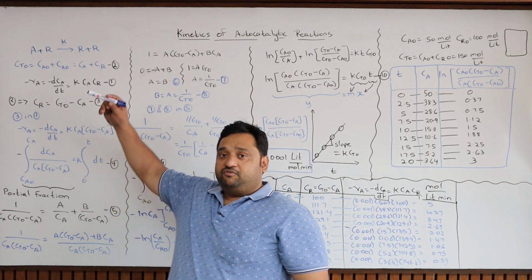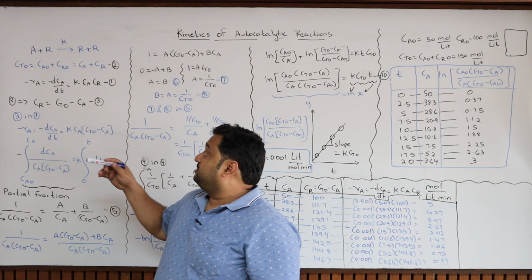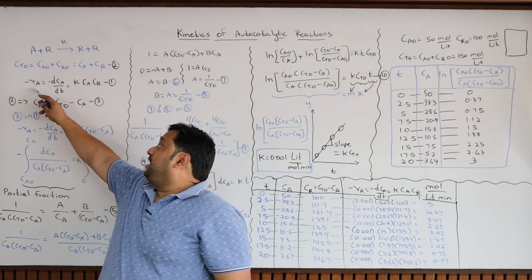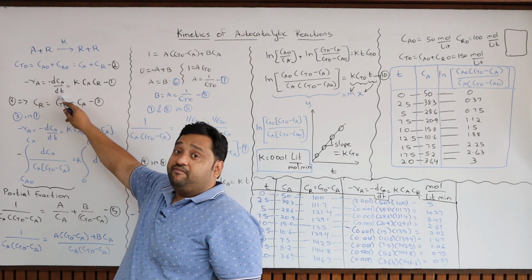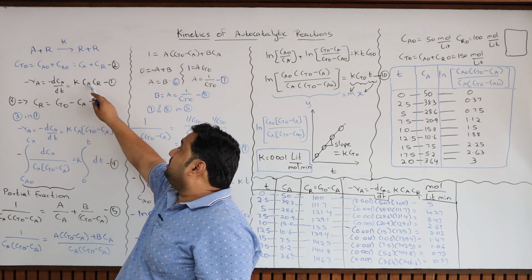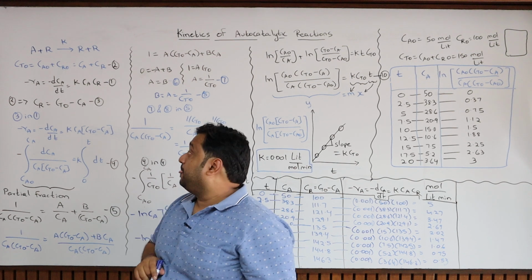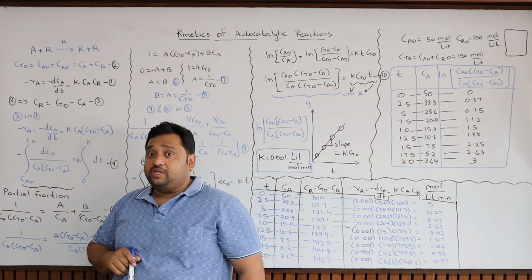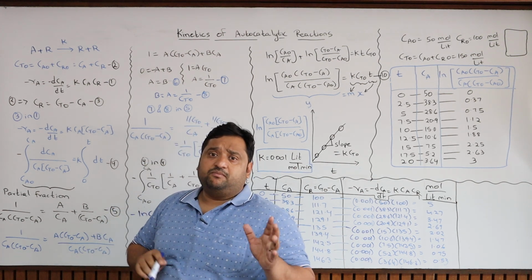To do that we have to follow a set of procedures. The first thing is I know minus Ra equal to minus dCA by dt. We know the rate of disappearance of A is nothing but k times Ca into Cr. And to do that we also have to do a mole balance.